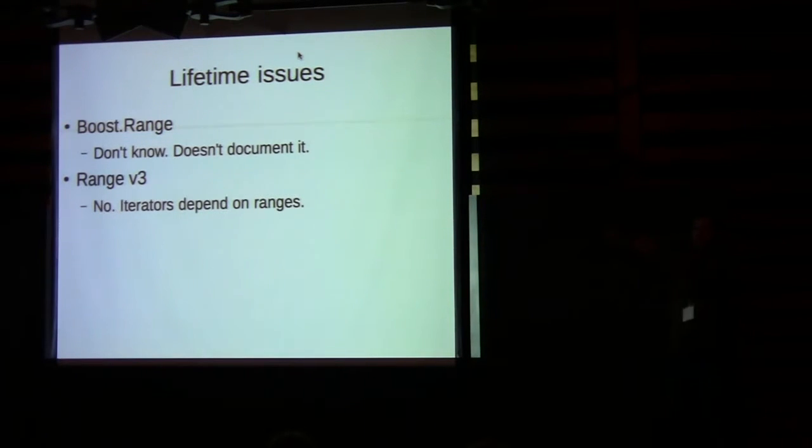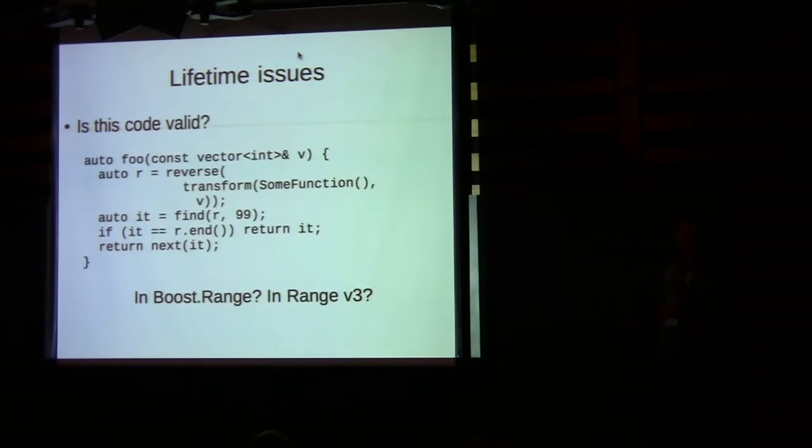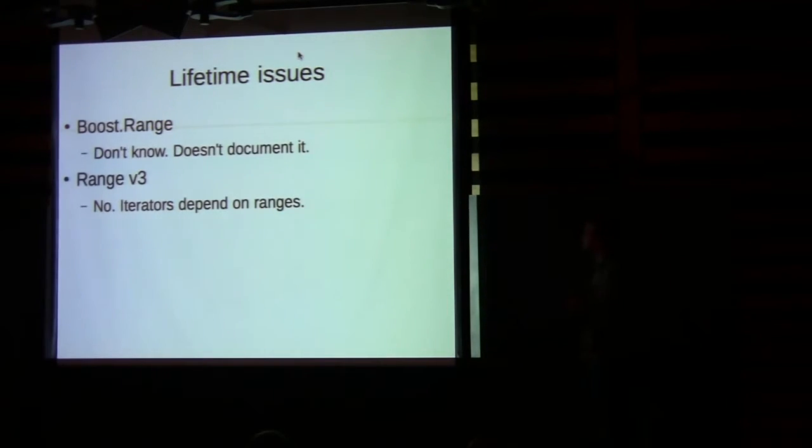The iterator references the range and can just use that. And when the iterator gets copied, it copies the reference to the range. Great. It also means that the iterator probably has a better chance at checking whether it's still valid than if it's standalone. But it means this code is not valid. It's a trade-off, right?